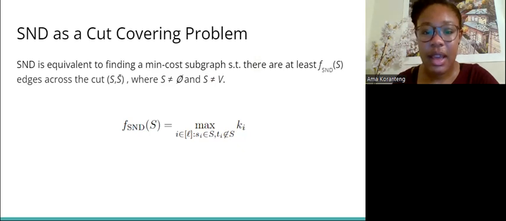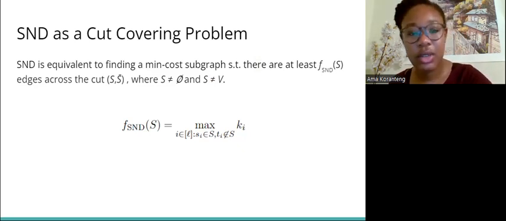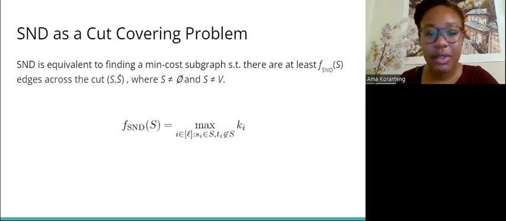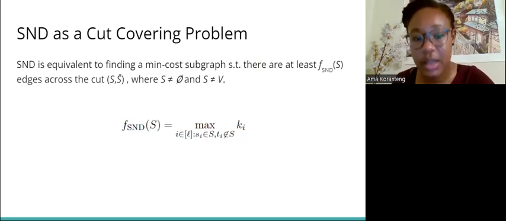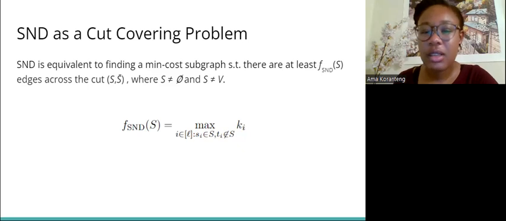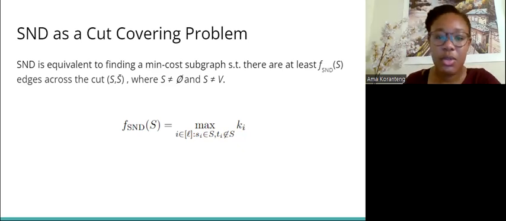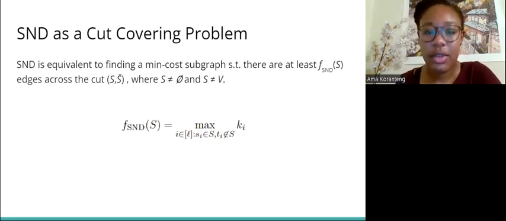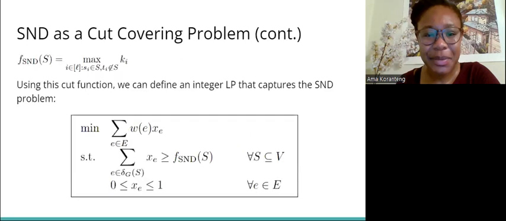And the SND problem is equivalent to finding a min-cost subgraph such that in every cut of the solution subgraph, there are at least f(S) edges going across that cut. After some thought, it's not too hard to see why this is equivalent, but we won't go over why in this talk for the interest of time.